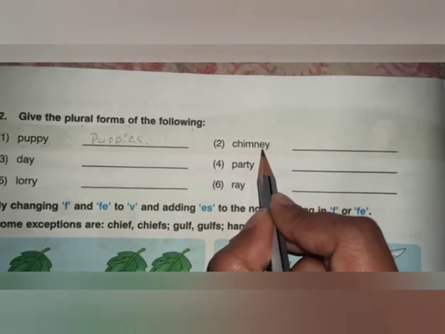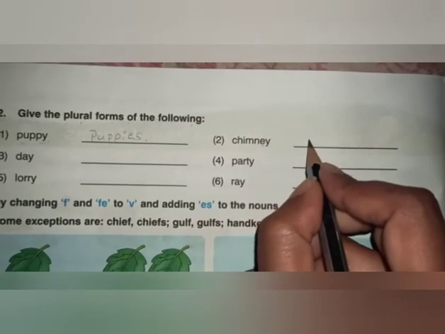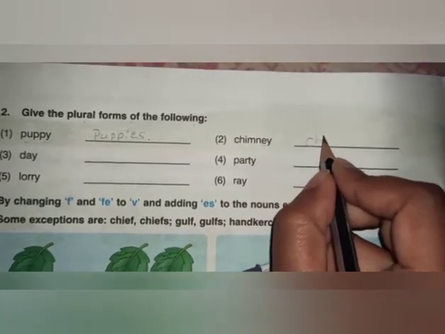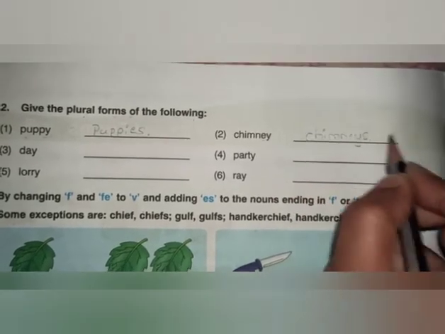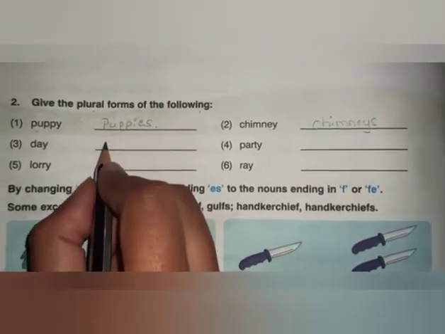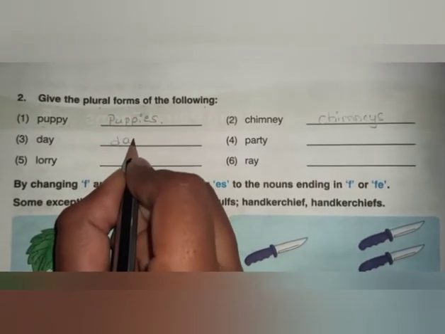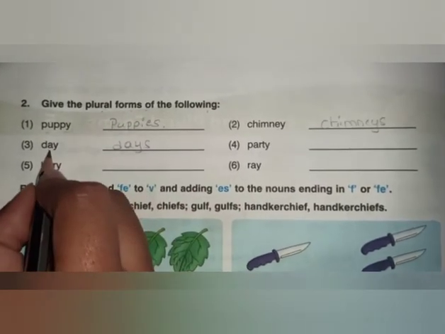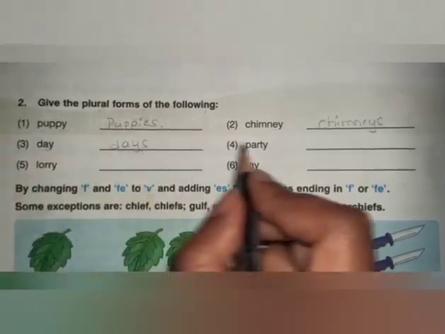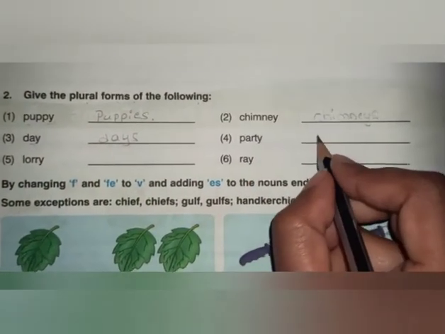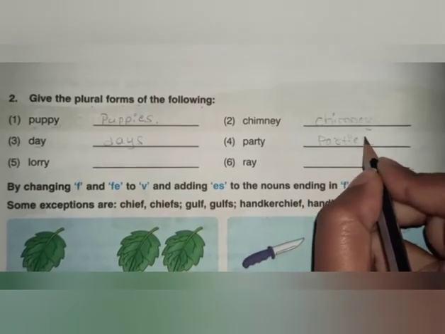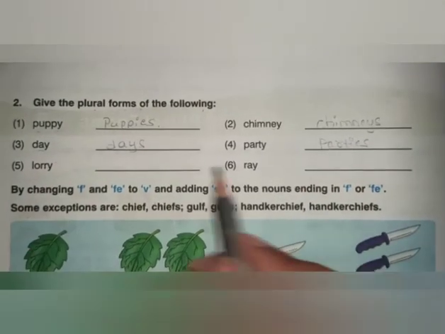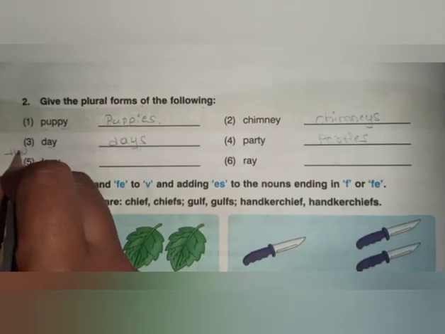So we have to add only S to make it plural. Chimneys. Day, days, because A is a vowel. Party, parties. Remaining these two are homework for you, children.